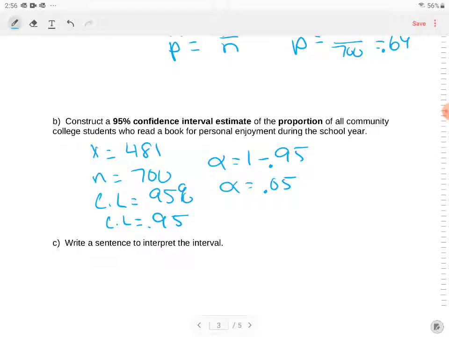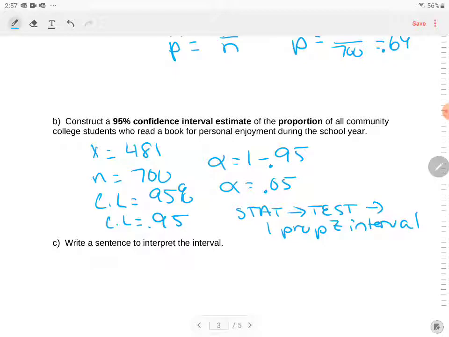Okay, so our calculator keystrokes are stat, arrow to test, and we're going to do 1 prop z interval.